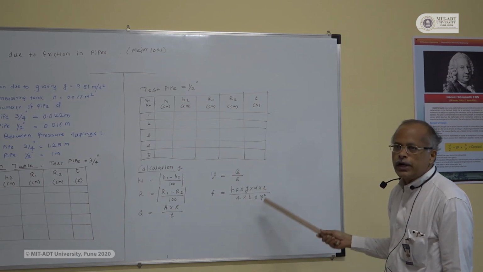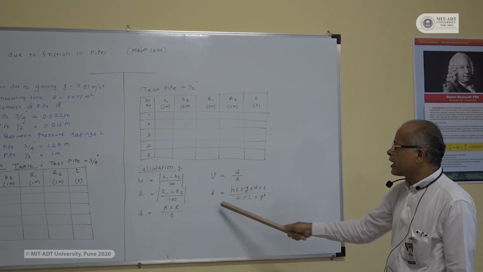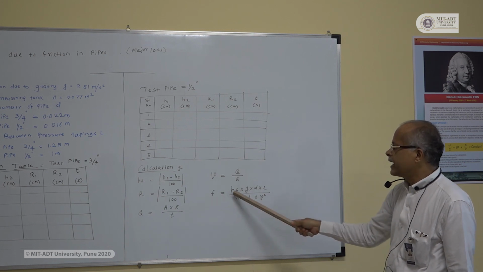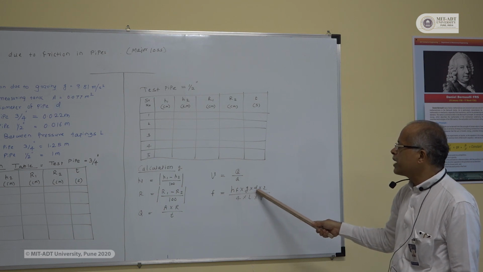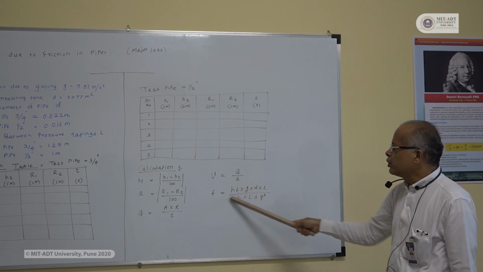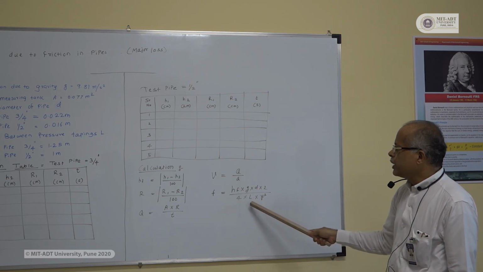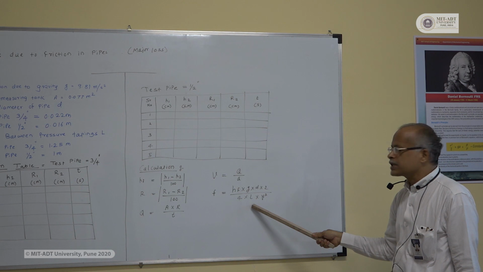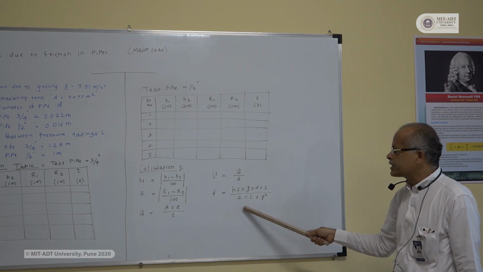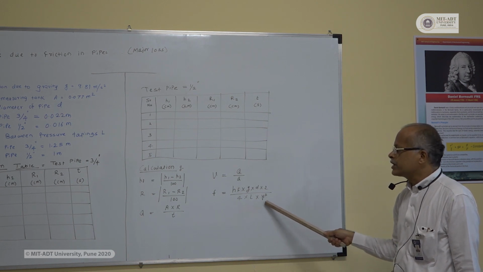According to the Darcy-Weisbach equation, the friction factor is head loss multiplied by g multiplied by diameter of pipe multiplied by 2, divided by 4 into L, the length between pressure tappings, and V square.